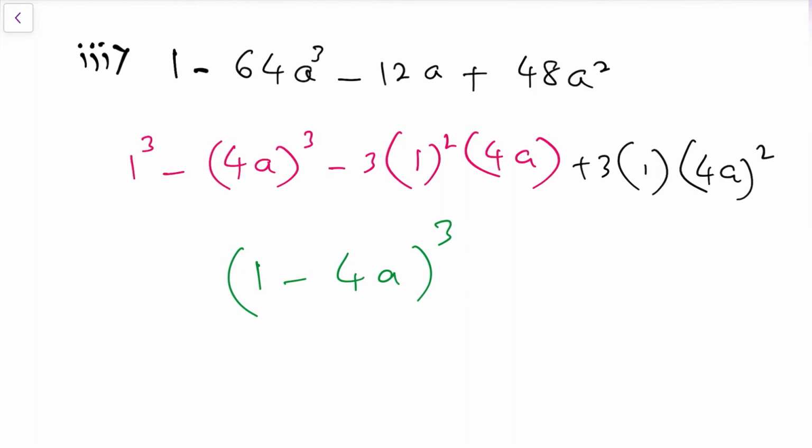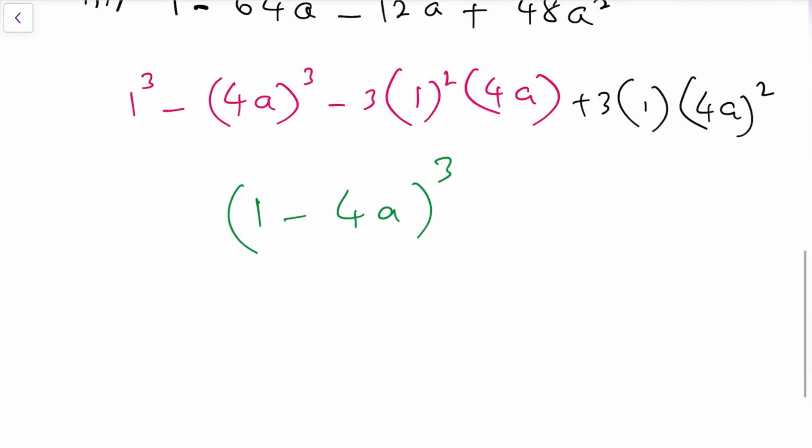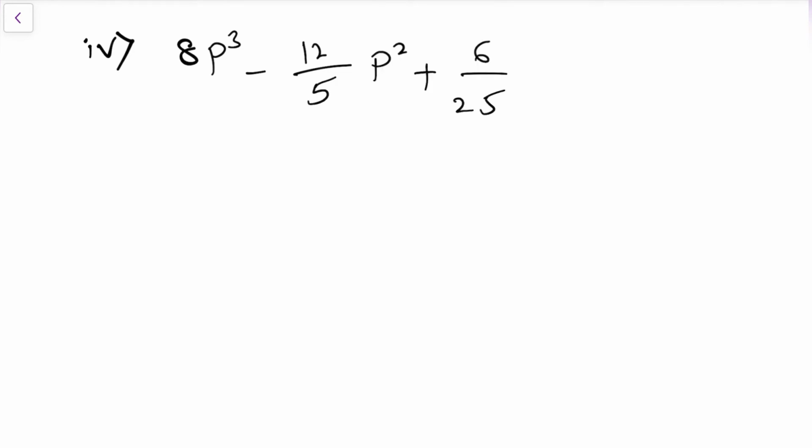Next, let us check the last question. Eight p cube minus 12 by 5 p square plus 6 by 25 p minus 1 by 125.